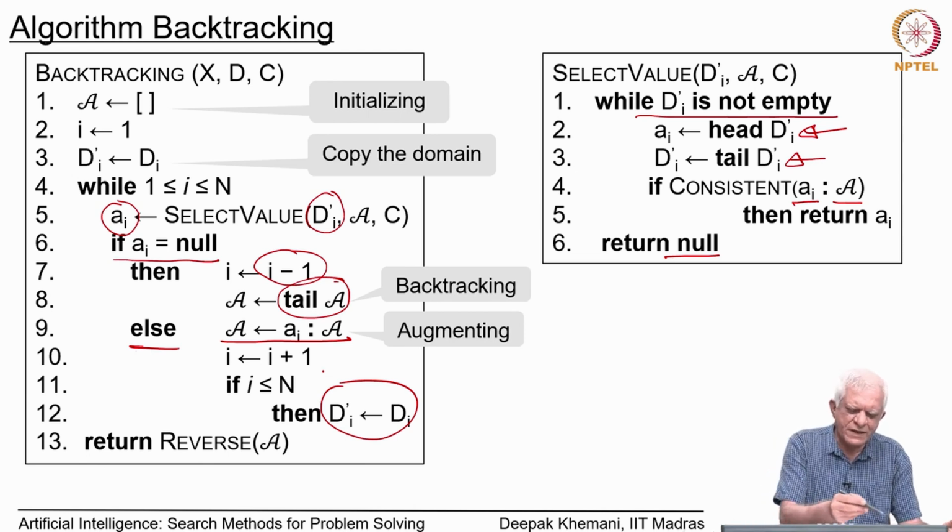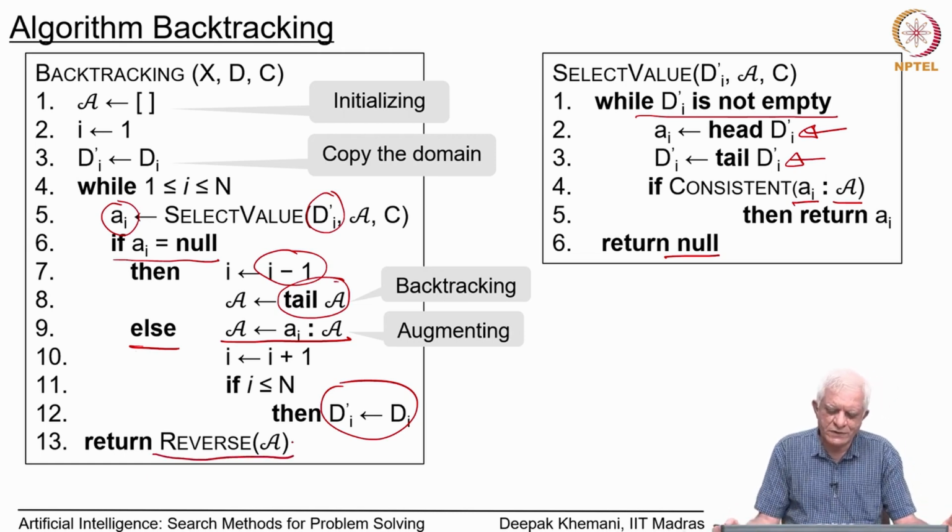In our case we are assuming that this assignment is a global variable, and it is either null or it has n values in it, and the n values we reverse just to be consistent with the way people think about solutions, that the solution is from x1 to xn and the values are a1 to an. So, that is a simple algorithm, backtracking.